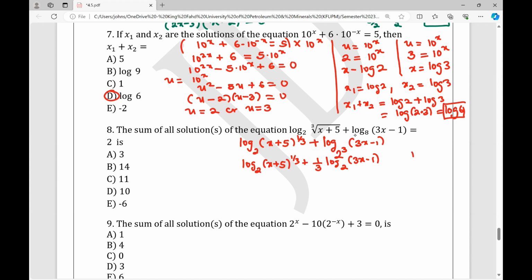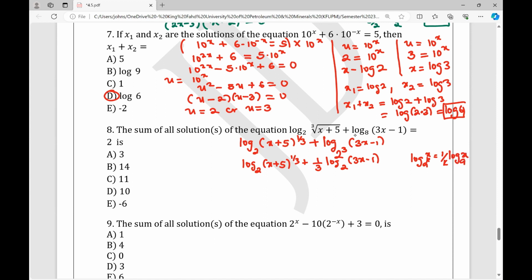So what have we used? We have used the fact that log of a to the k of x is 1 over k log of a of x, right? So let me write it here again. We know that log of a to the k of x is 1 over k log of a of x.